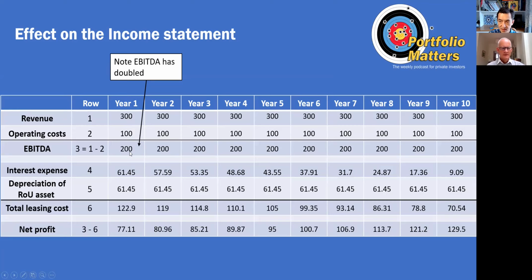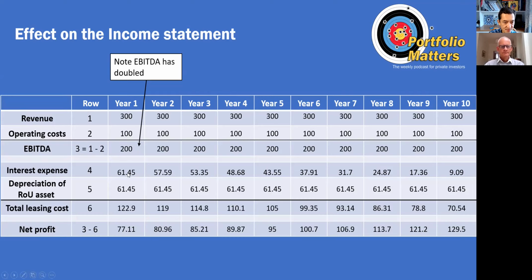Now, EBITDA is now 200 because we're not accounting for rent anymore. So you need to be very aware that under IFRS 16, the EBITDA of companies with big lease liabilities will be flattered, and you should be treating EBITDA with caution.